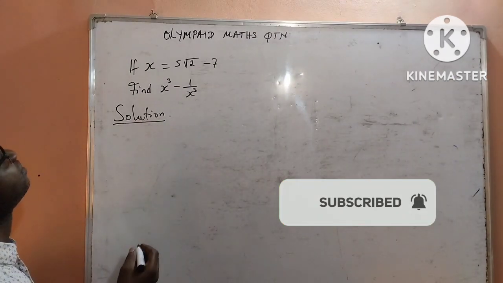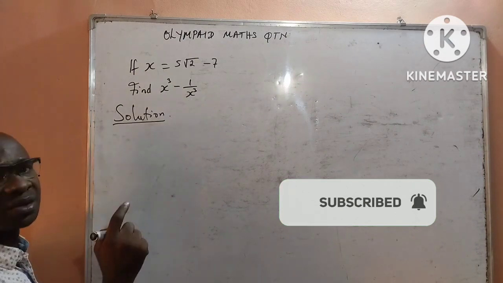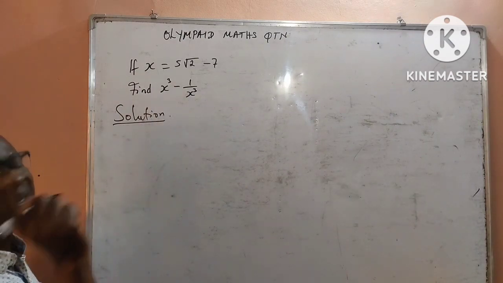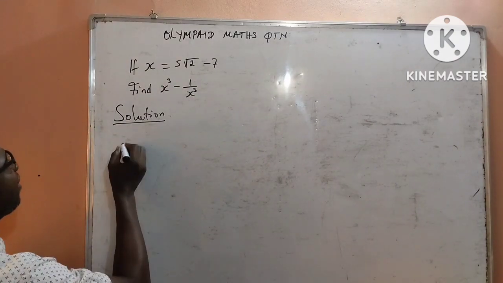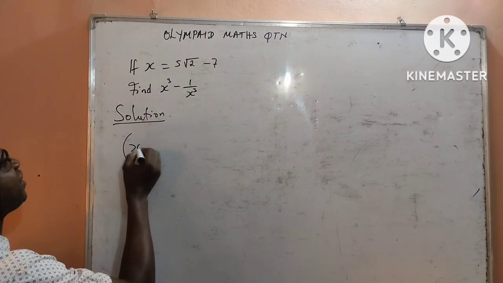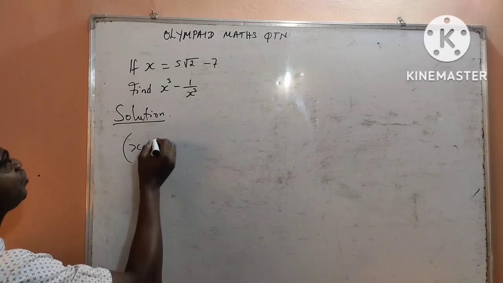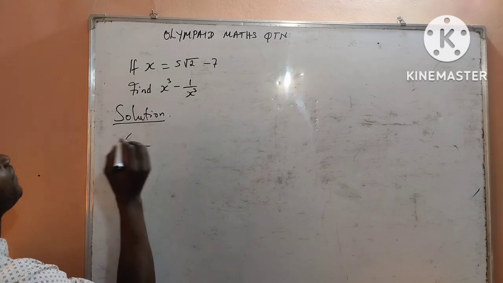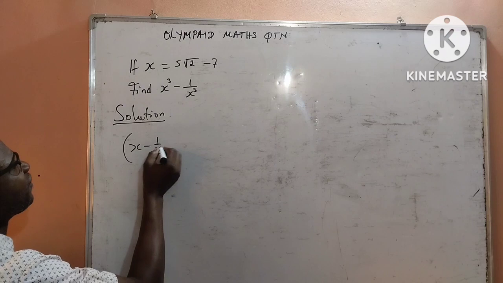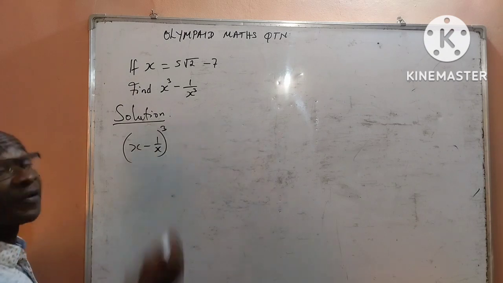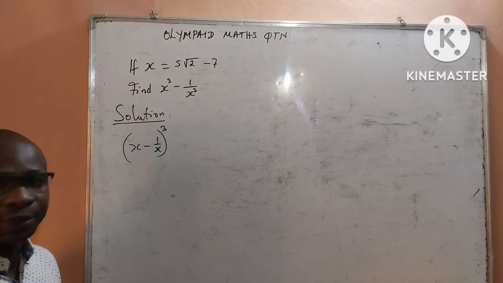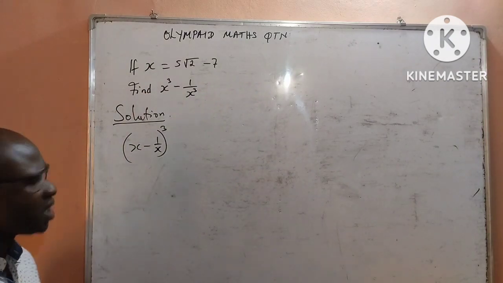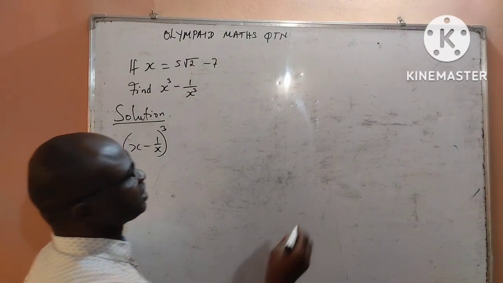By solution, first and foremost, since I am expected to find x cubed minus 1 over x cubed, I want to start by using the difference of two cubes, since we are working with cubed variables. I want you to look at this.